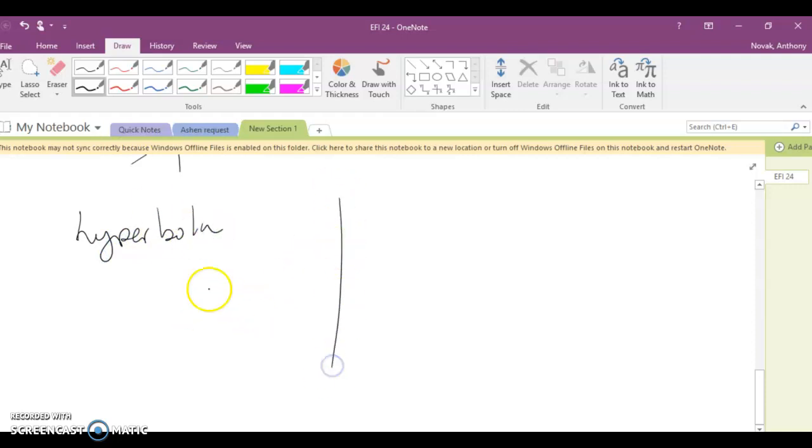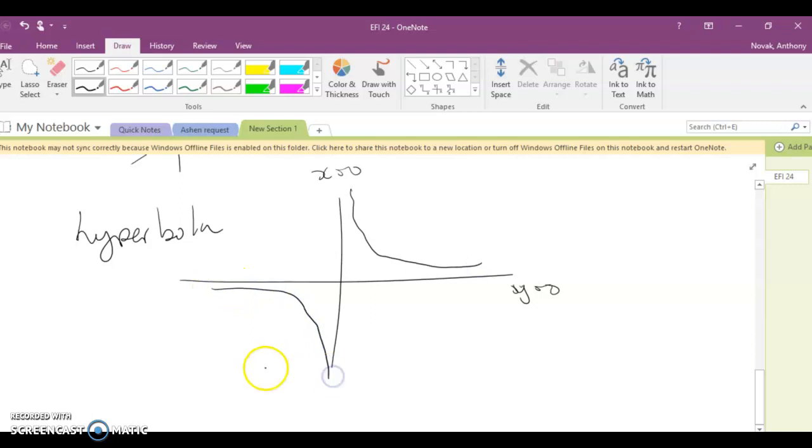So in actual fact, we have two asymptotes, y equals 0 and x equals 0. So we'll have it in two quadrants. But of course, we can't have negative time. So in this practical example, we only have the first quadrant.